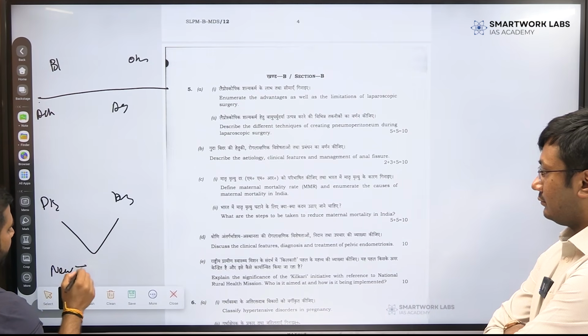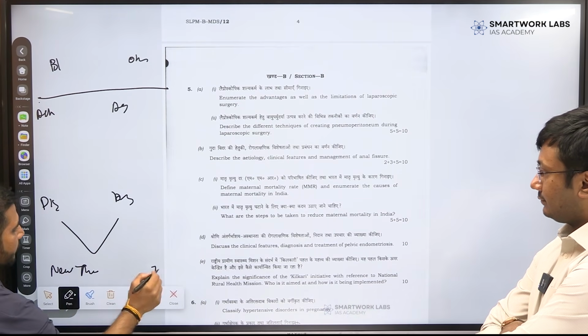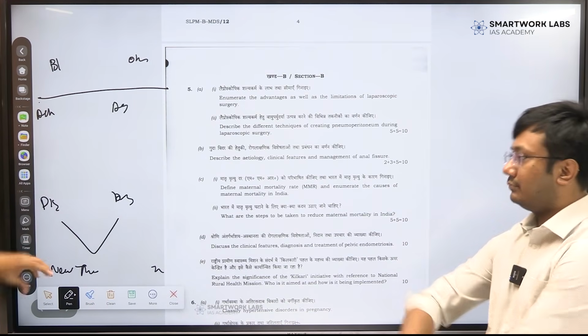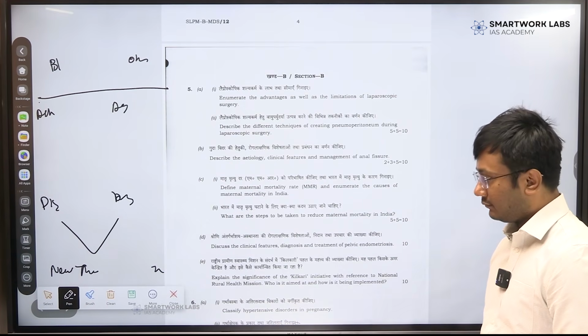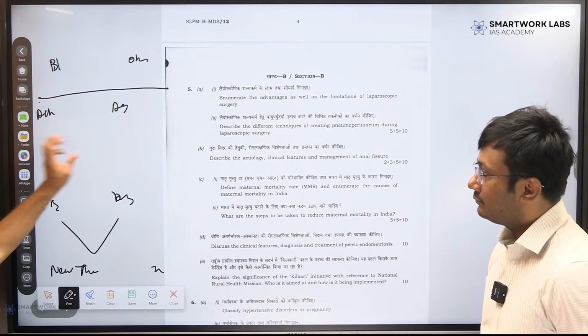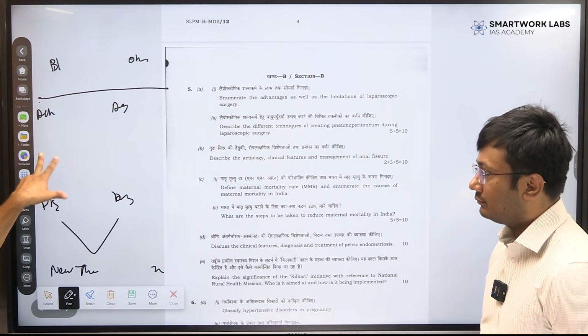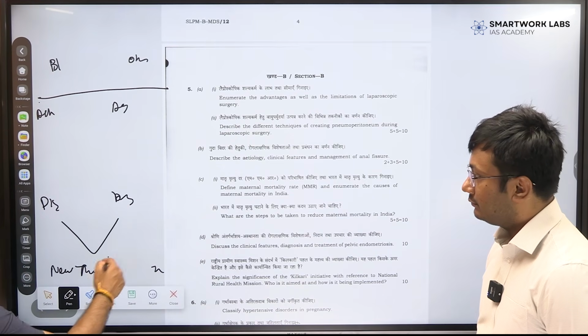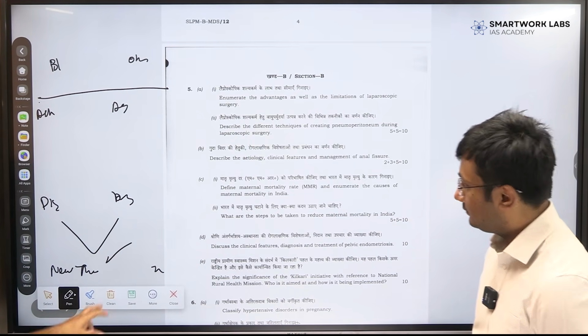New technique and modification. So in this way, up to down, the examiner will find out everything, and it is holistic, and it is easy for us. In the open technique the fascia is cut, here the fascia is not cut. This is the advantage, this is the disadvantage, and I will give you full marks as per the demand.